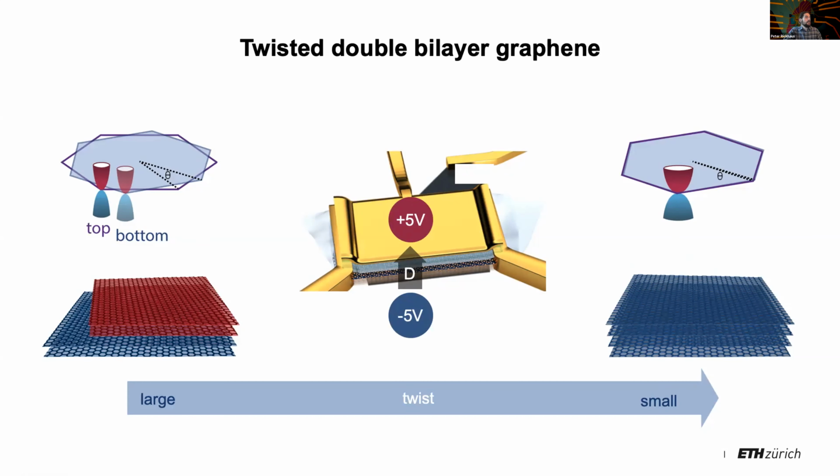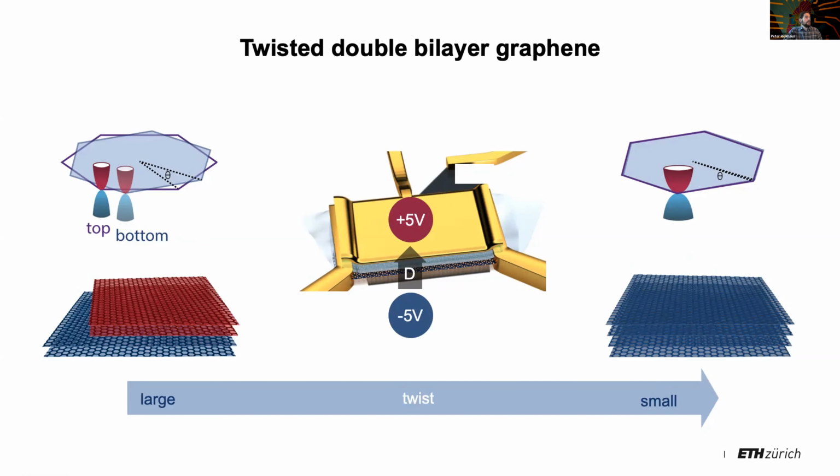That is, in this intermediate angle twisted device, we apparently managed to form these density wave states, which can also be called excitonic insulator because they're formed out of electrons and holes. Whereas in the middle here, we have this crystal field state, which is a single particle effect and has nothing to do with correlations.